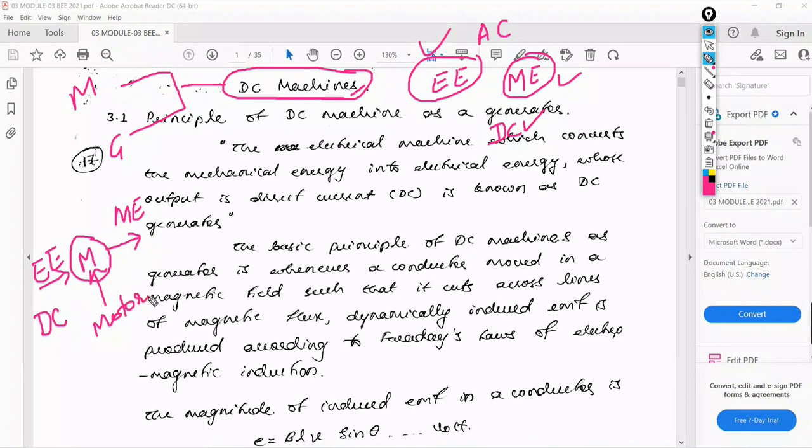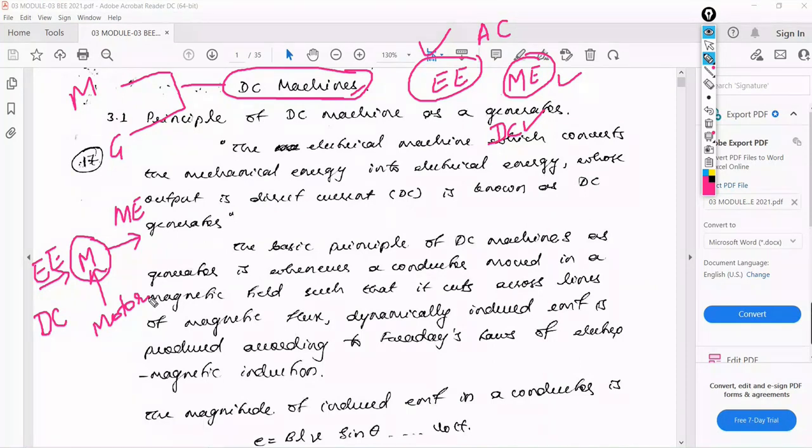The electrical machine which converts electrical energy into mechanical energy, whose input is the DC electrical power supply, is called a motor.